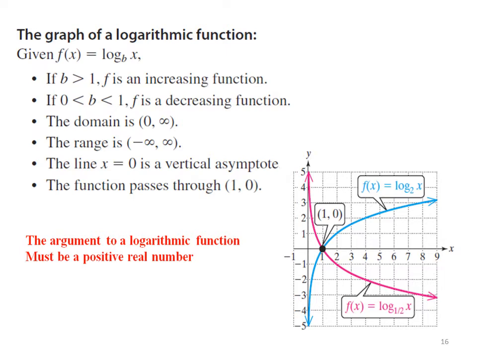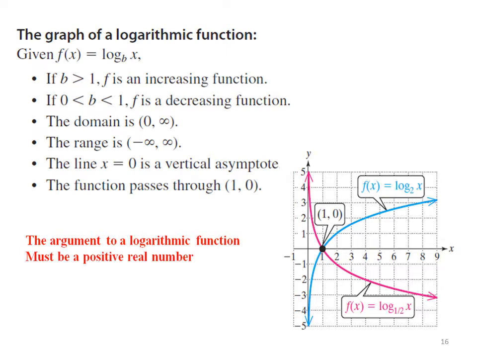As you can see in the graph, the blue graph represents f of x equal log x to the base 2. Since the base is larger than 1, the function is increasing. This is the inverse function of the exponential function 2 to the x, and the reflection of an increasing function will also be increasing.